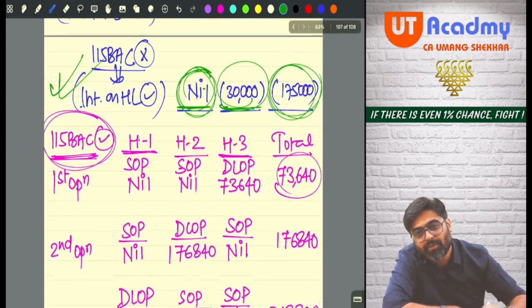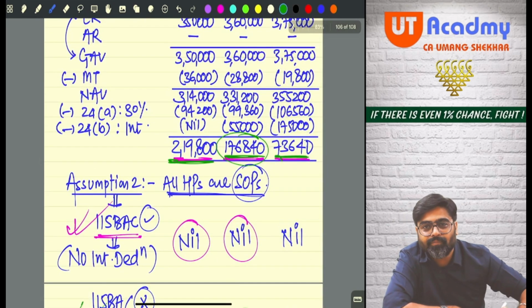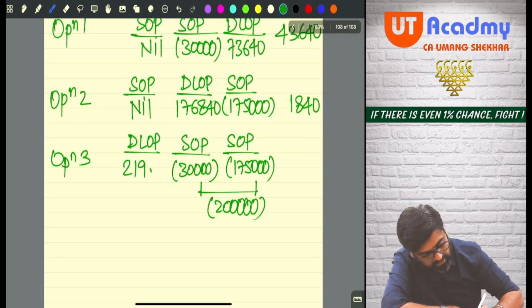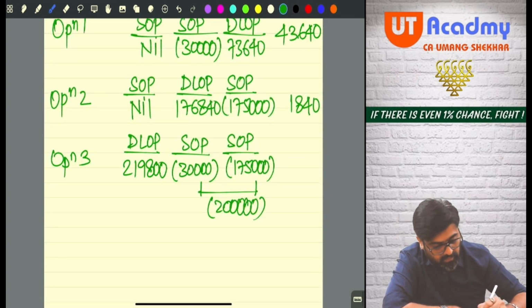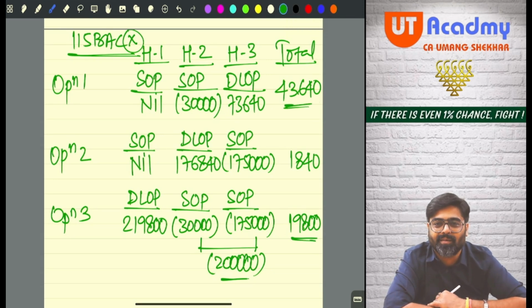Now come first property, 2,19,800. So 2,19,800 minus 2 lakh will give you 19,800. See, this is better than the first option, but still not better than the second option. Getting my point? So what conclusion?